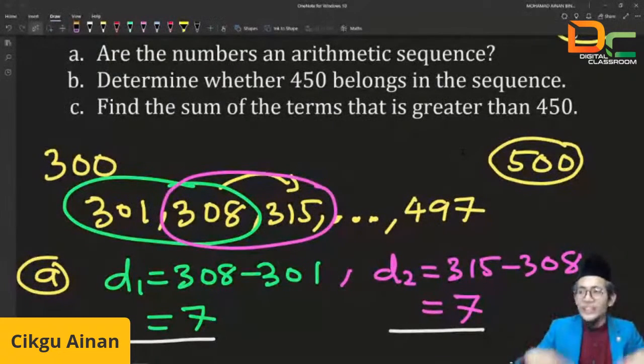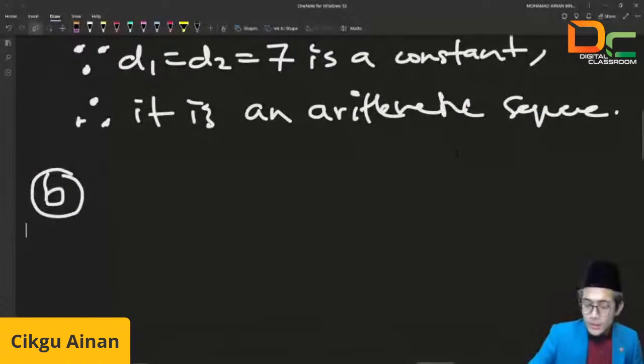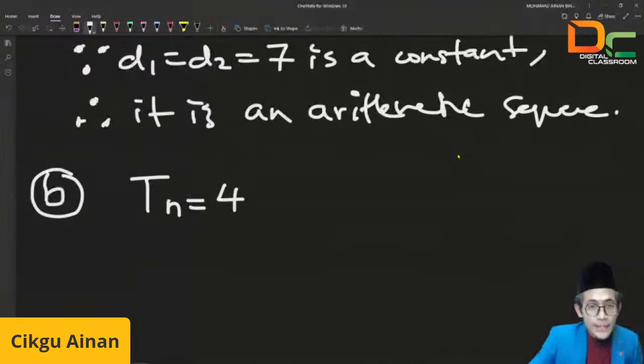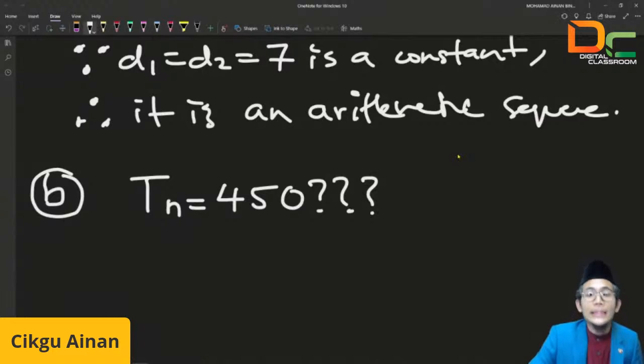Maybe 10th term, 20th term, 15th term, 30th term. Kita tak tahu. We have to find out what is the n. So simply put, the question asking for Tn equals 450. Adakah dia locate somewhere in the sequence.